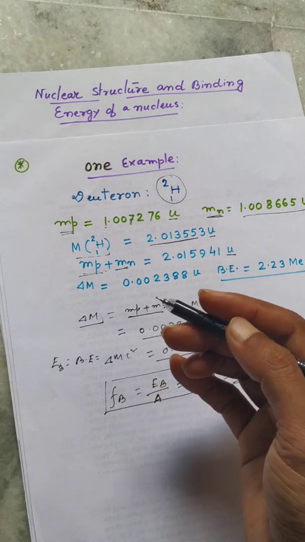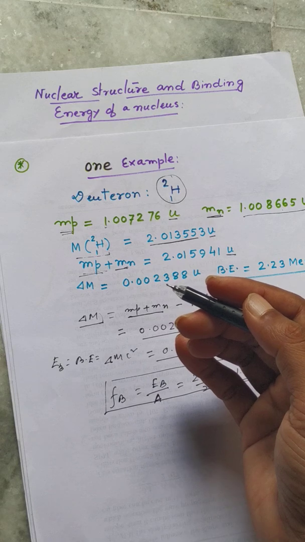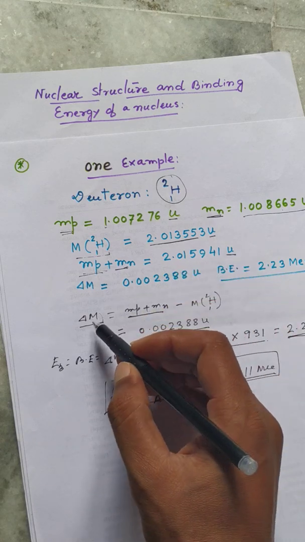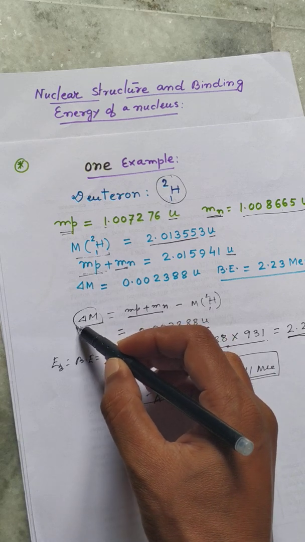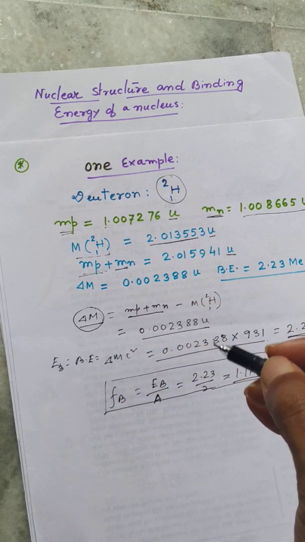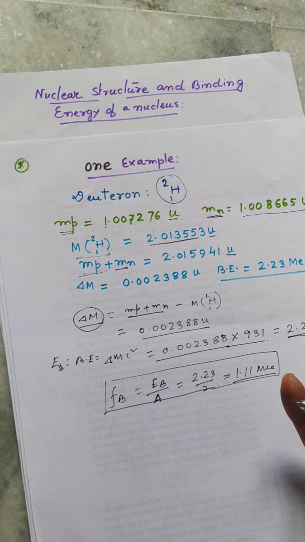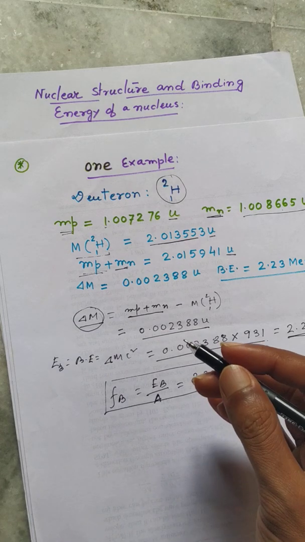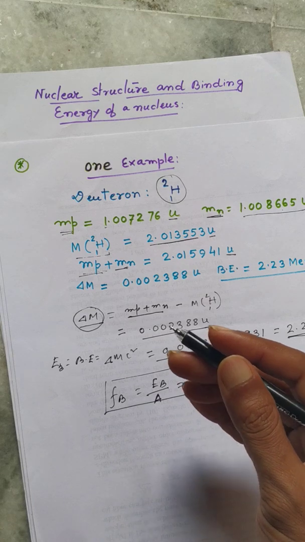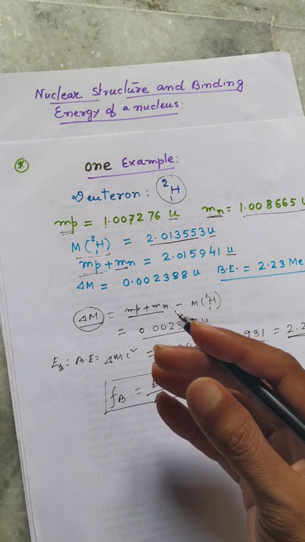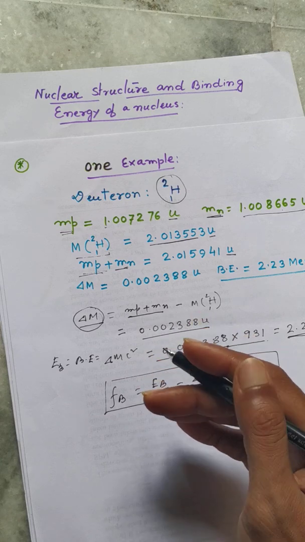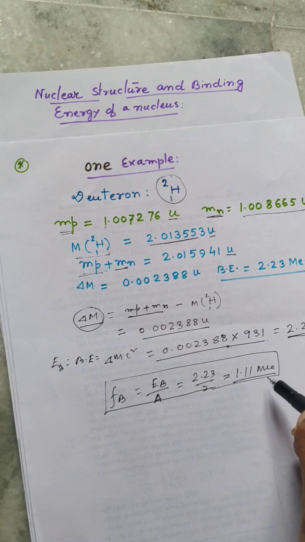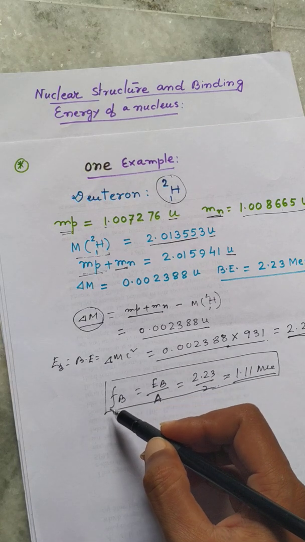And obviously, with increasing number of protons and neutrons in a nucleus, the amount of mass that disappears will be greater, so the binding energy will be greater, and the fractional binding energy will also be greater. But since a nucleon interacts with a limited number of nucleons, the value of the fractional binding energy will be saturated.